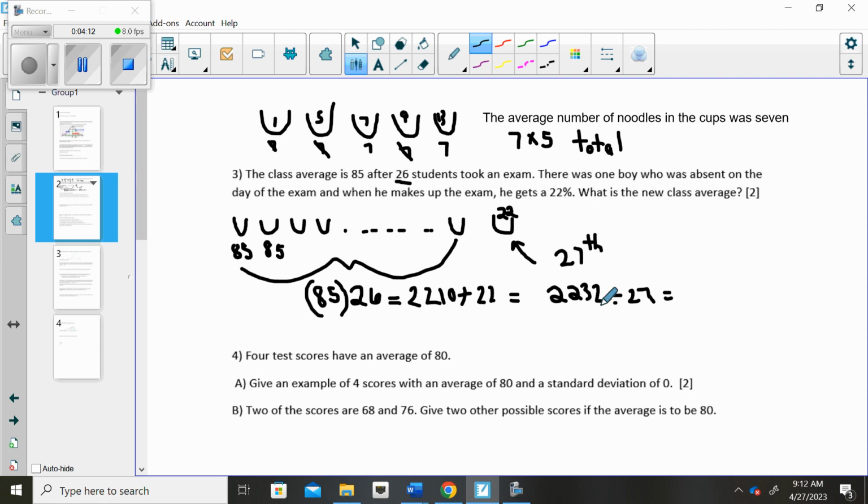And therefore, the new class average is 82.6 repeating.